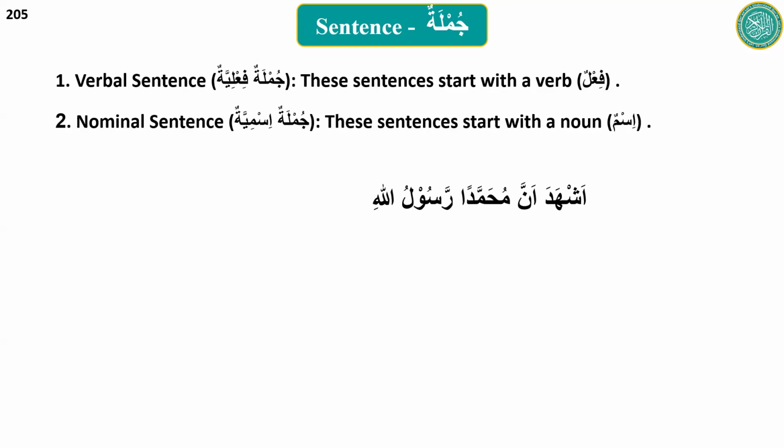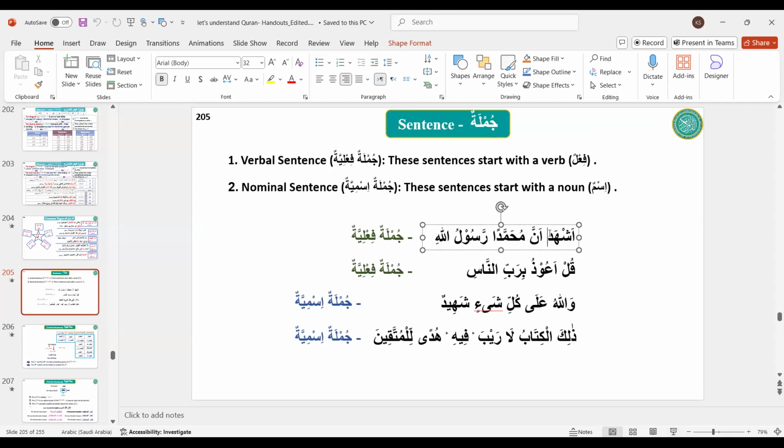Ashhada means, I bear witness. Yeah, there's a typo in this. So ashhadu. Ashhadu anna Muhammadar Rasulullah. Now it is correct.